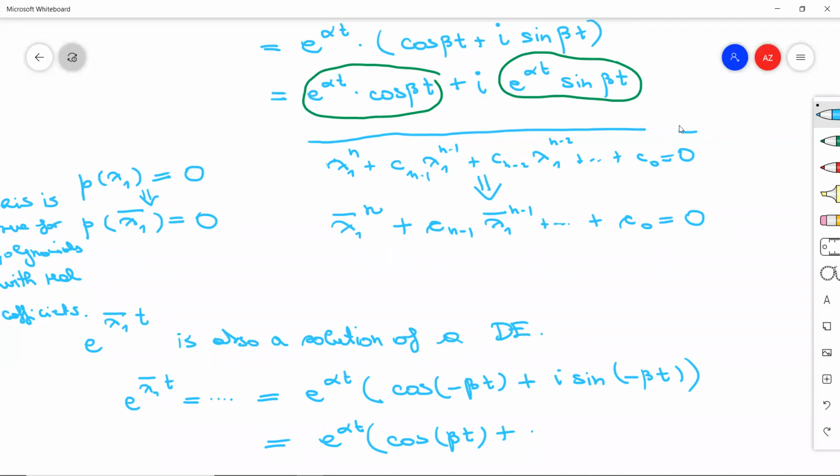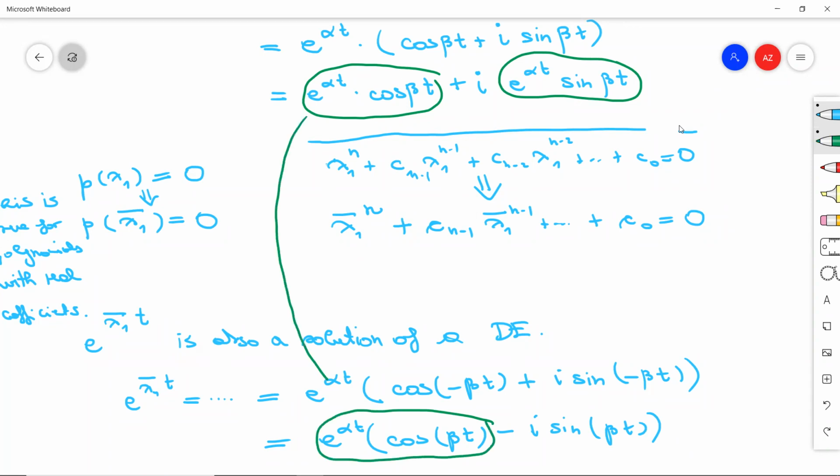Sine of minus beta t. What can we do with this minus? Yeah, we can put it out because sine is an odd function. So in this second solution, the real part is the same as in the previous one. The imaginary part is almost the same, only that it also has a minus.